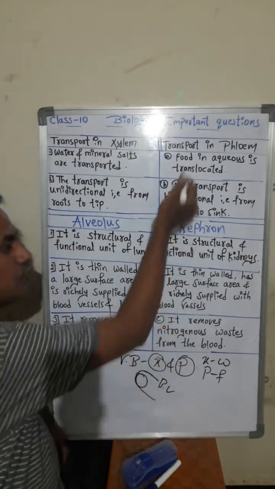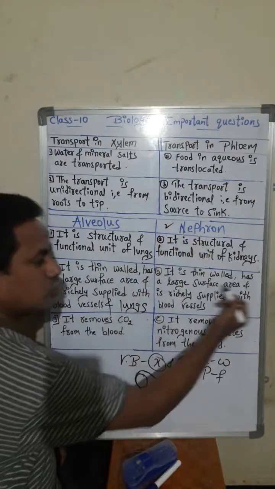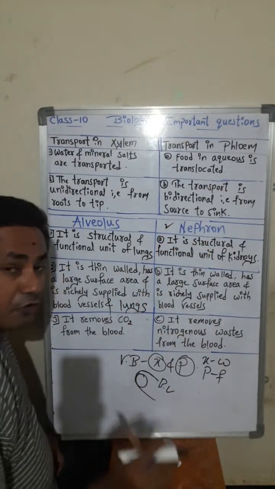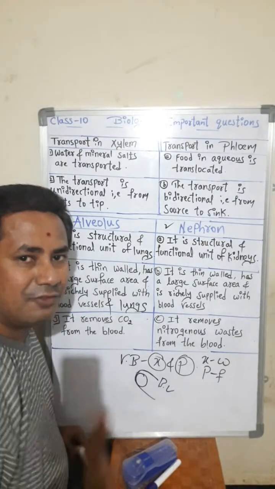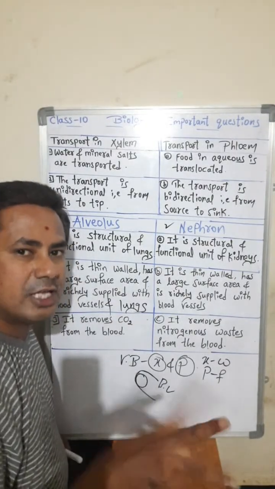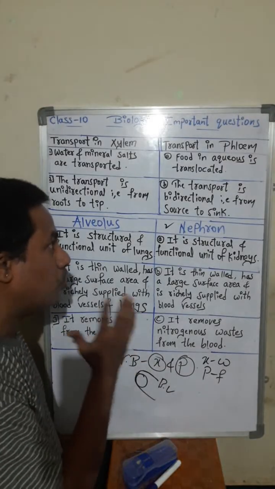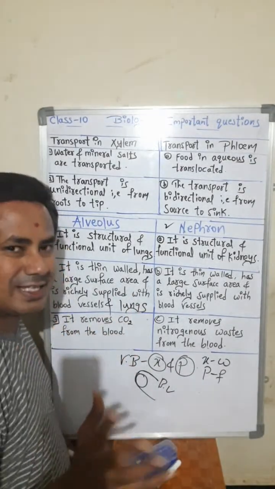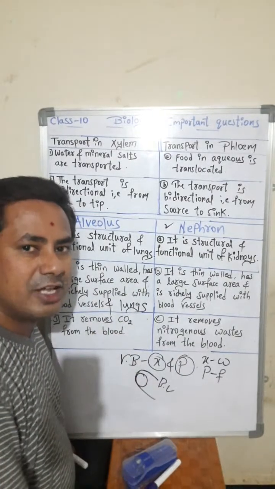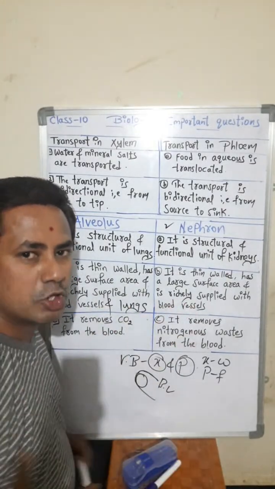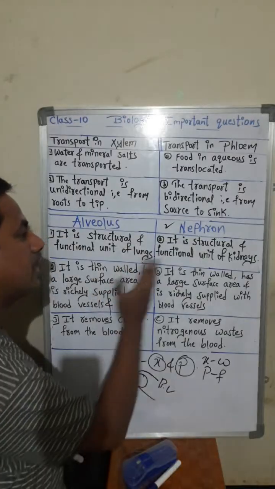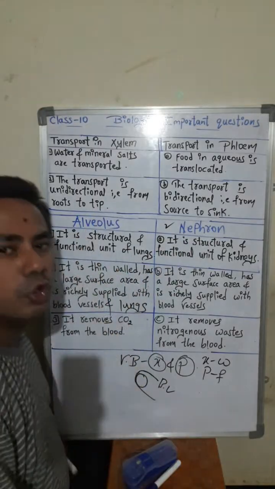It is also thin walled. What? Nephron is also thin walled. Okay, nephron structure: I have drawn and shown you in the previous video on the human excretory system. Those who have started watching this for the first time, you have to watch my previous video, the chapter life processes. We have discussed nephron and alveolus also.